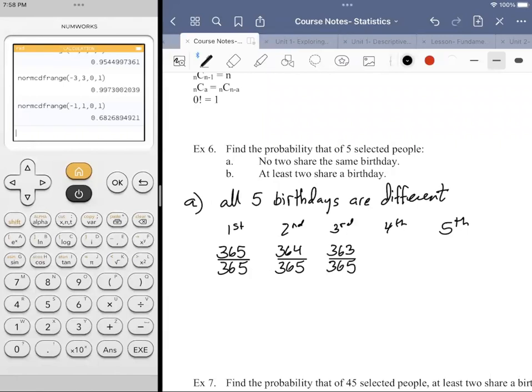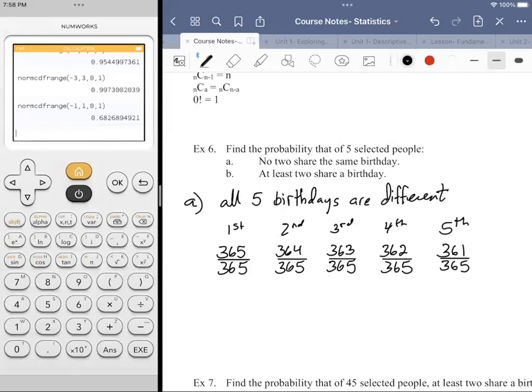It's still 3 days that are accounted for. So there are 362 days left for the fourth person, out of 365. And the fifth person can be born on any day except for the 4 that have been accounted for, which brings us down to 361 out of 365.